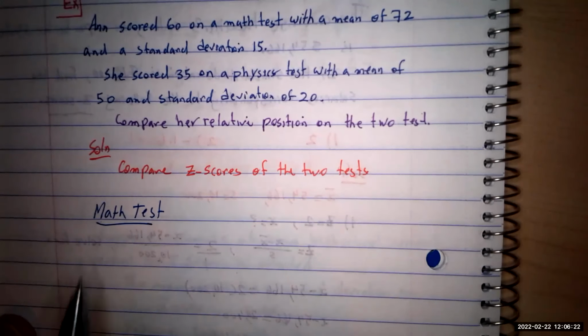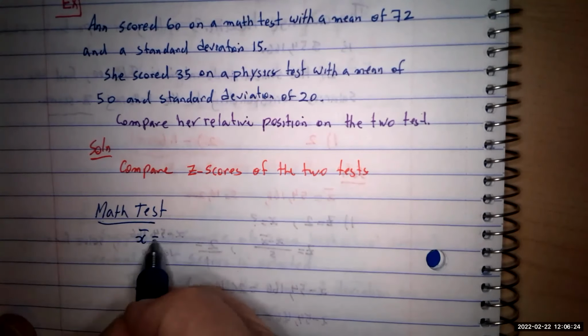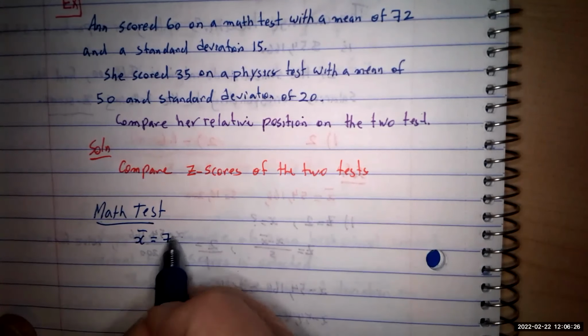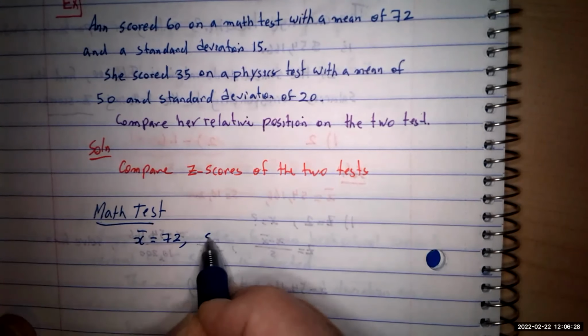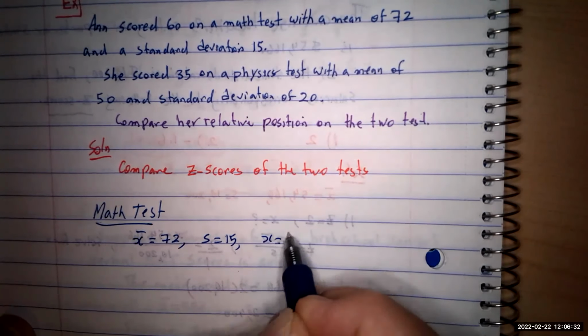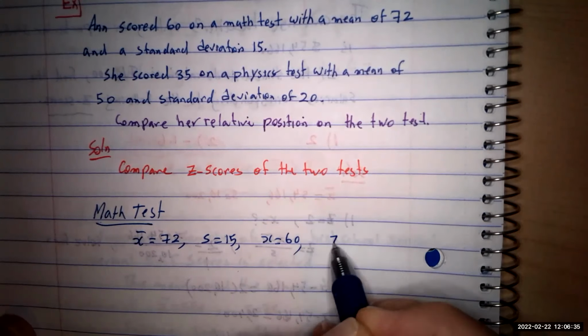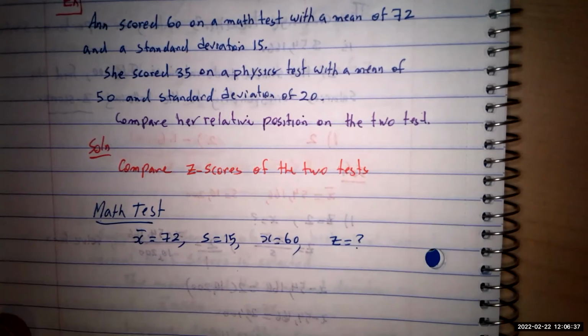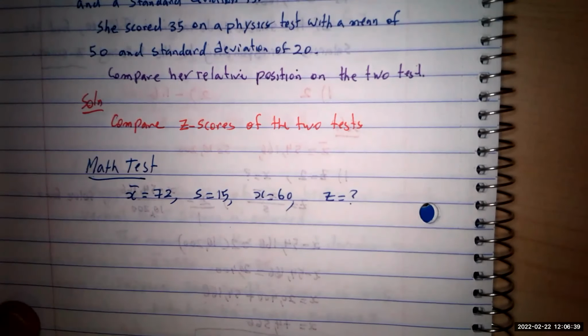Information that you have, the x bar, the average, is 72. The standard deviation is 15. Her grade was 60. Her z number is missing. That's it. You have all the information that you need to write the formula, substitute, get result.